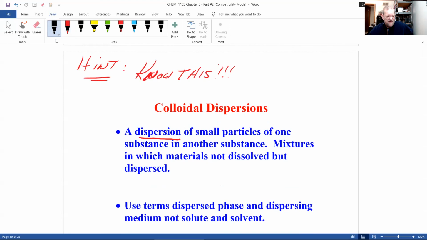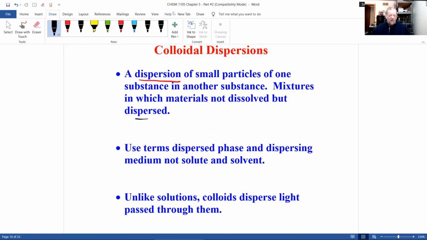That's the key difference: small particles of one substance in another. Mixtures in which the materials do not dissolve, but are dispersed. And this I won't ask you. Right here, you use terms like dispersed phase and dispersing media. Dispersed phase is equivalent, but not the same as solute. And dispersing media is solvent.